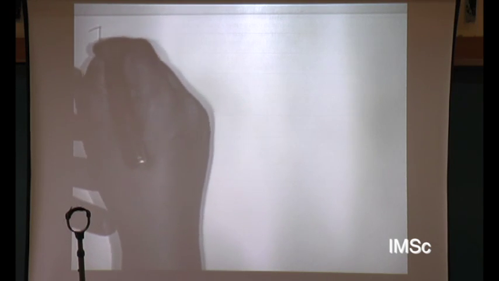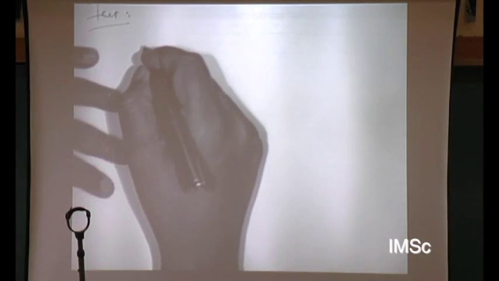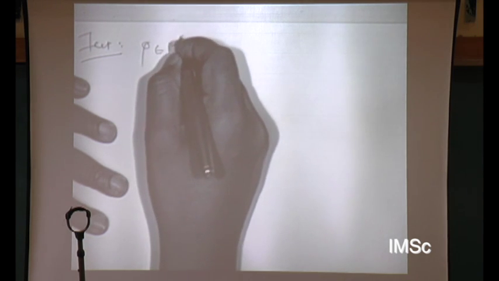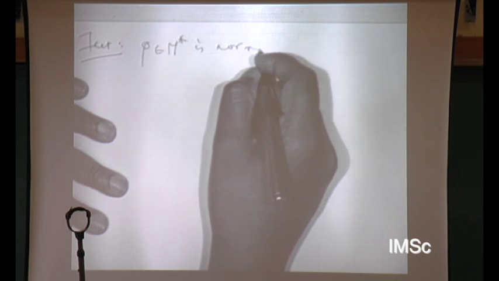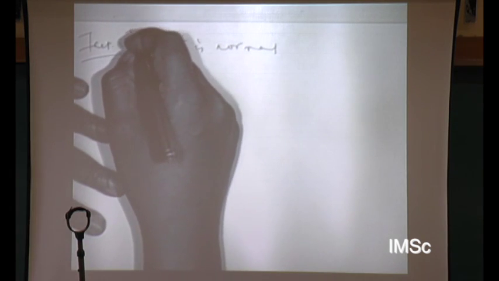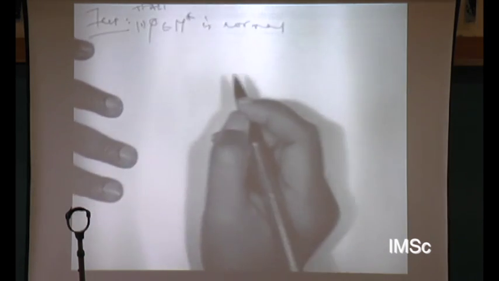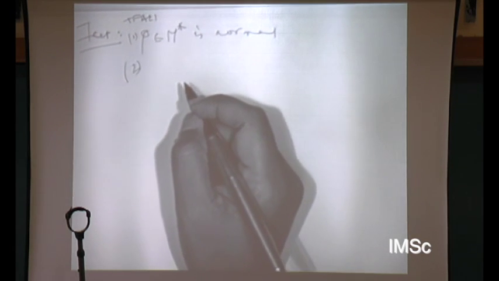See, there is an old theorem, which we won't prove, so it's a fact. Phi in M star is normal. In fact, the following are equivalent. So these are conditions for checking normality.